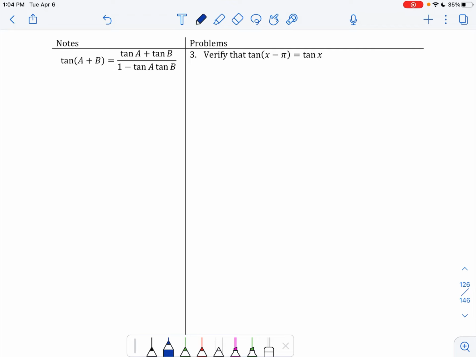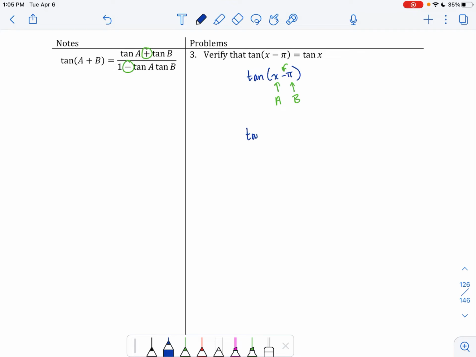So what I'm going to do there is say that the tangent of x minus pi is the side I want to start with, because that is the unsimplified side. And I'm going to then use this formula that says that x is A and pi is B. And notice that there's a negative here, so I'm going to make sure I change my signs in the problem.